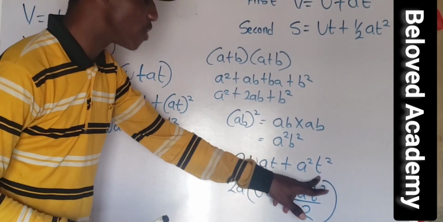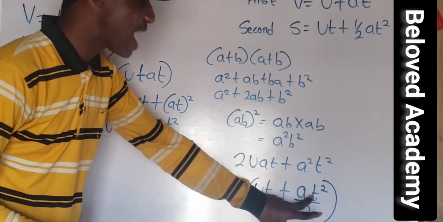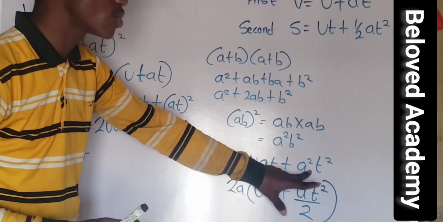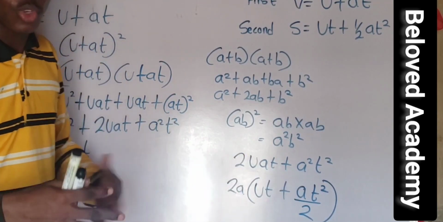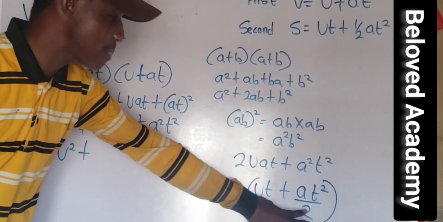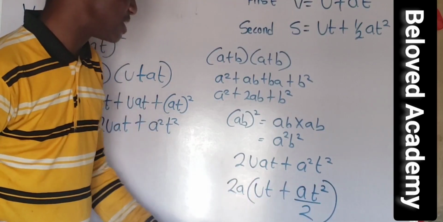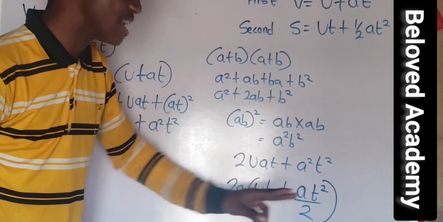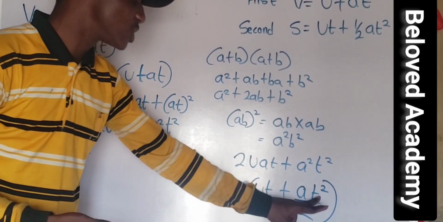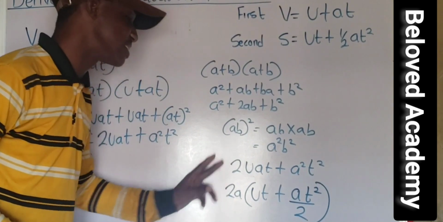But for the second one, by the time I take the product of this 2A and this AT squared over 2, I'm still going to have A squared T squared. Is that not it? If not, you can try it. 2A multiplied by AT squared over 2: these two will cancel, and A will multiply A. I'm going to have A squared, and this T squared is there. So that means if I factorize this, I'm going to have this.